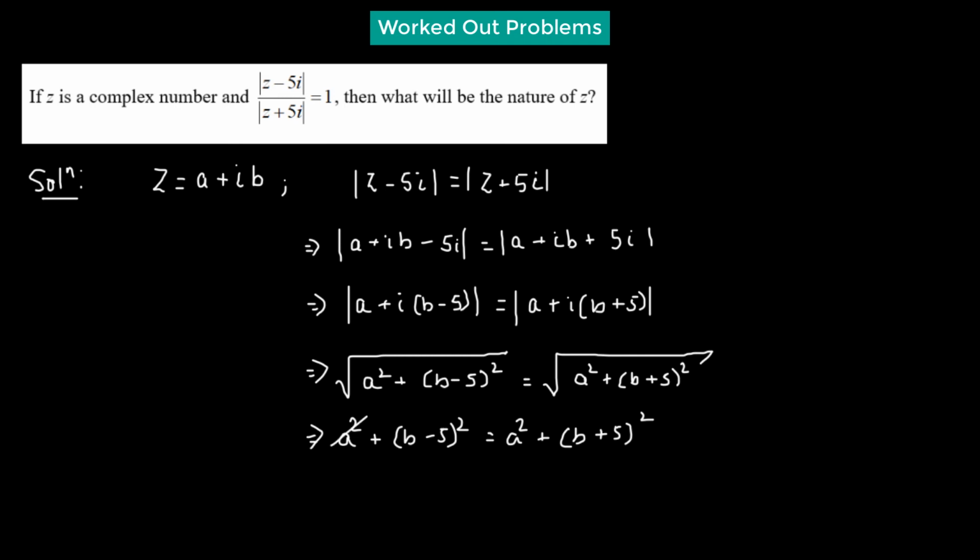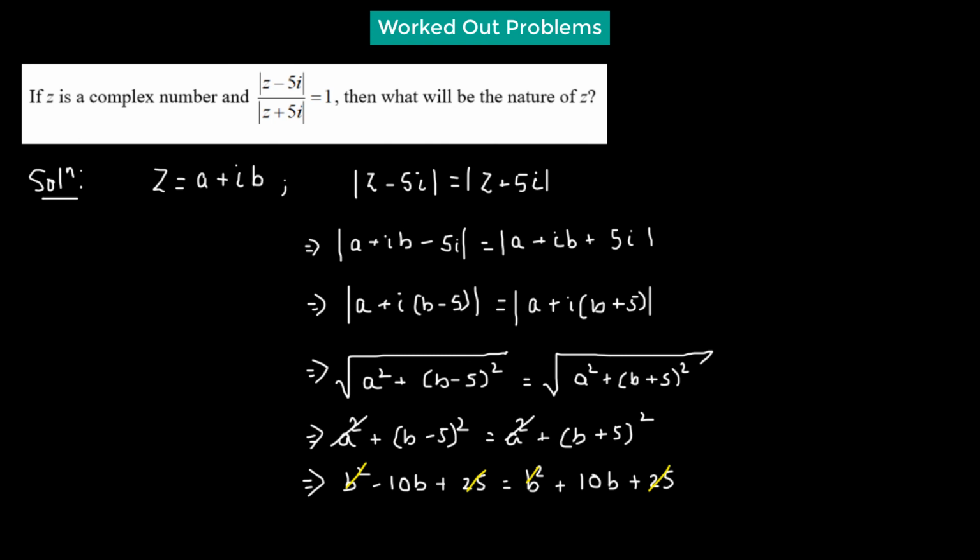Now we can cancel out a squared from both the left hand side and the right hand side, and we expand the value of b minus 5 whole squared on the left hand side. That gives us b squared minus 10b plus 25 equal to b squared plus 10b plus 25. So here also we can cancel out b squared from both sides as well as 25.